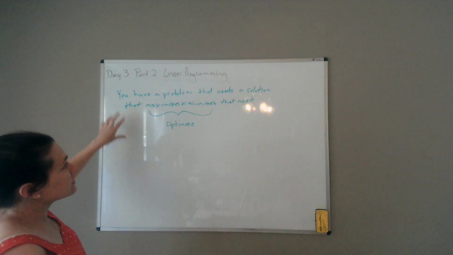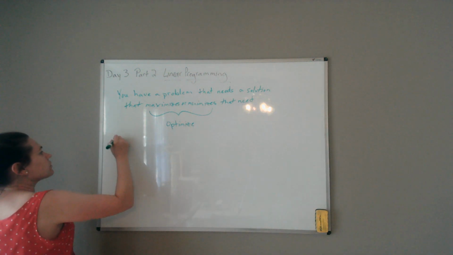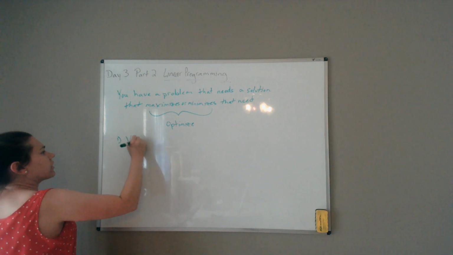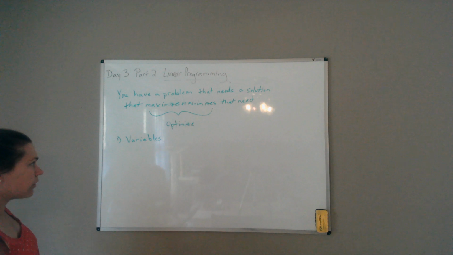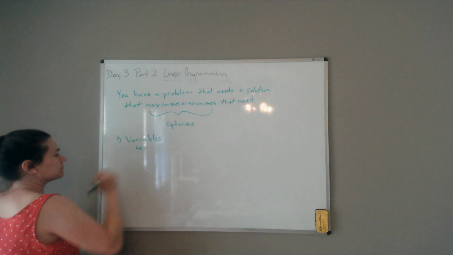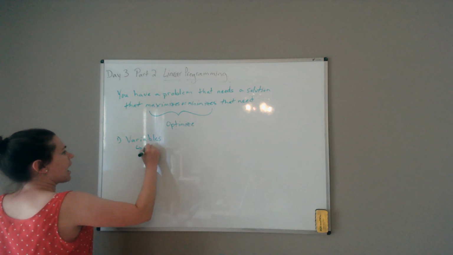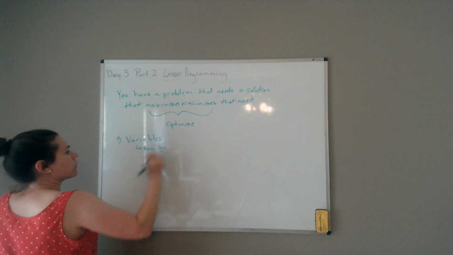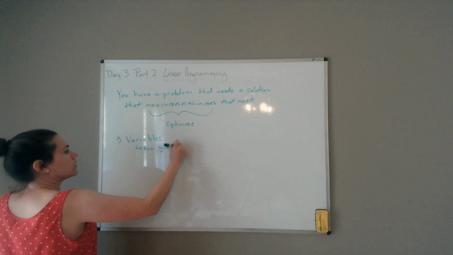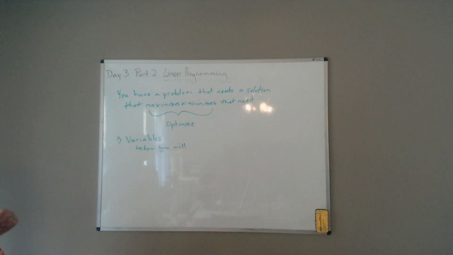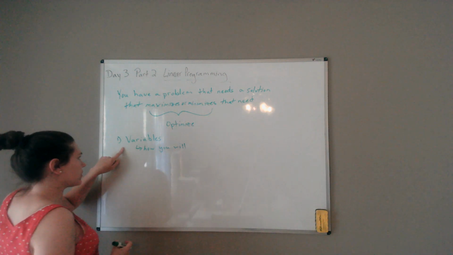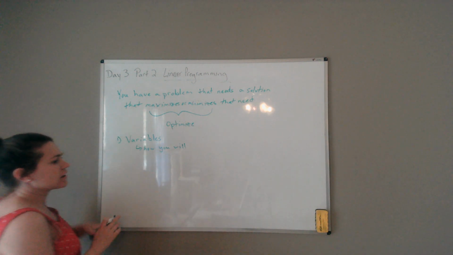So when you have a linear programming problem, the first thing that you have is variables, okay? Let's say if this is a problem about maximizing profit, your variables are how you make the money, okay? So I shouldn't say that, actually.